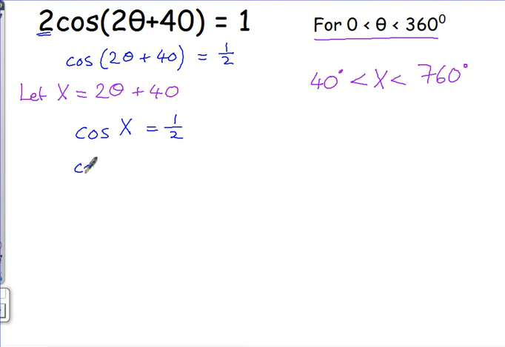So as per usual, we can obtain one solution by using our calculator. Inverse cos of 1/2 is 60 degrees. Now, like we've done before, we can sketch what that solution looks like. That 60 degree solution will be in the first quadrant.